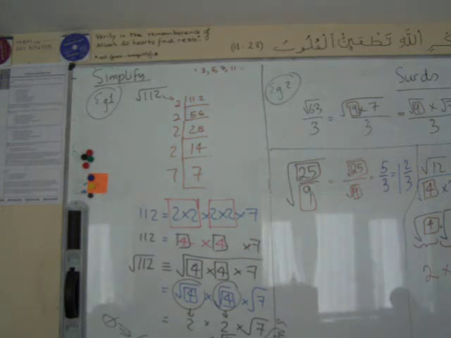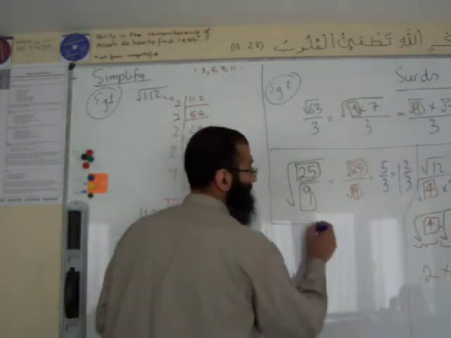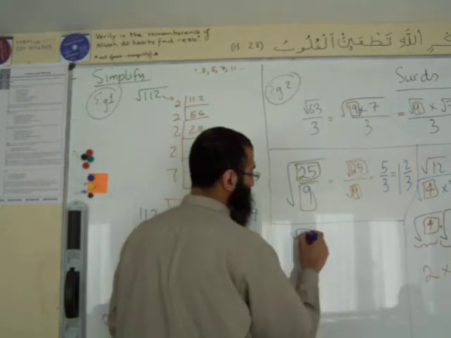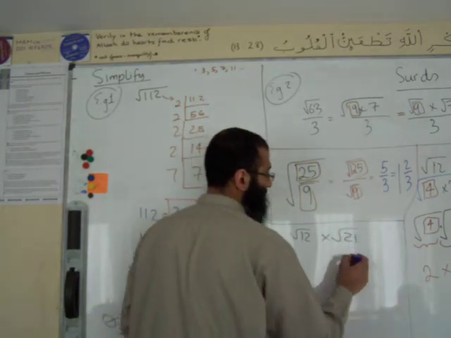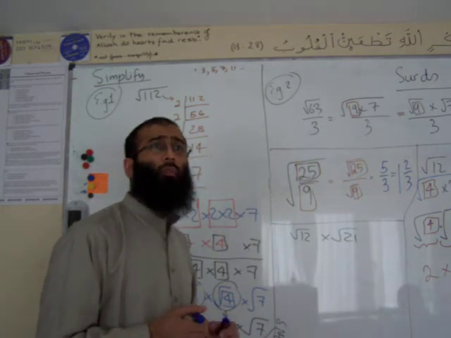What I would like to do now is do the same question again, but in a slightly more efficient way to find that. Okay, let's move over to this side here. So that's root 12 by root 21.